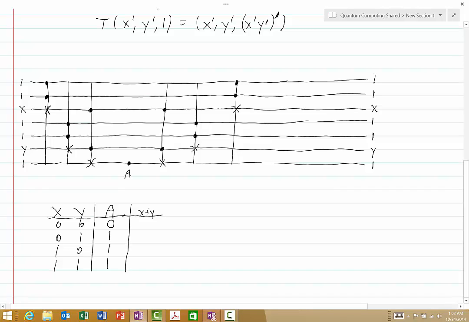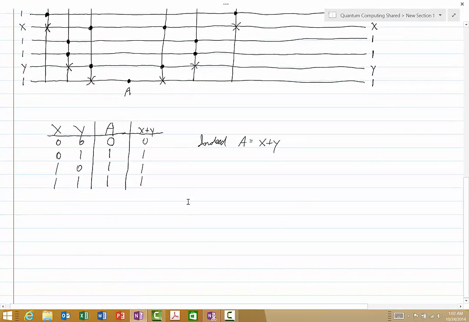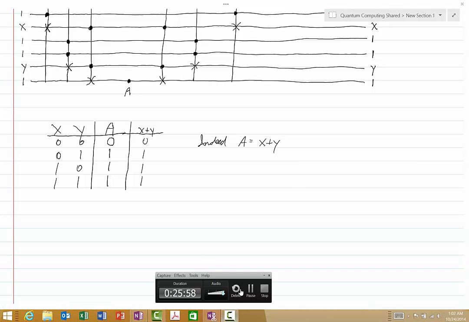And of course, 0 ORed with 0 is 0, 0 ORed with 1 is 1, 1 ORed with 0 is 1, 1 ORed with 1 is 1, and so indeed A is equal to X ORed with Y. And this shows how we can reversibly implement the OR operation with Toffoli Gates. And that is all we'll do for this lecture, and now let's look at the problem.